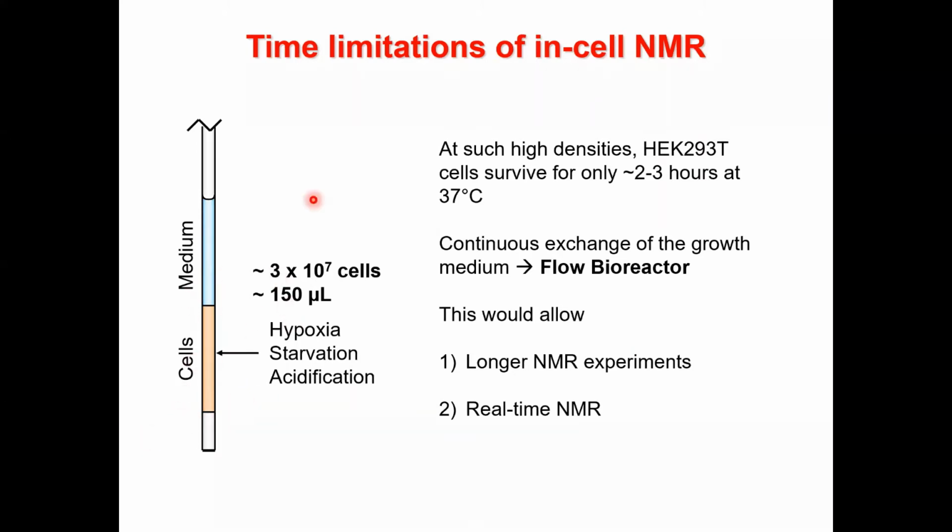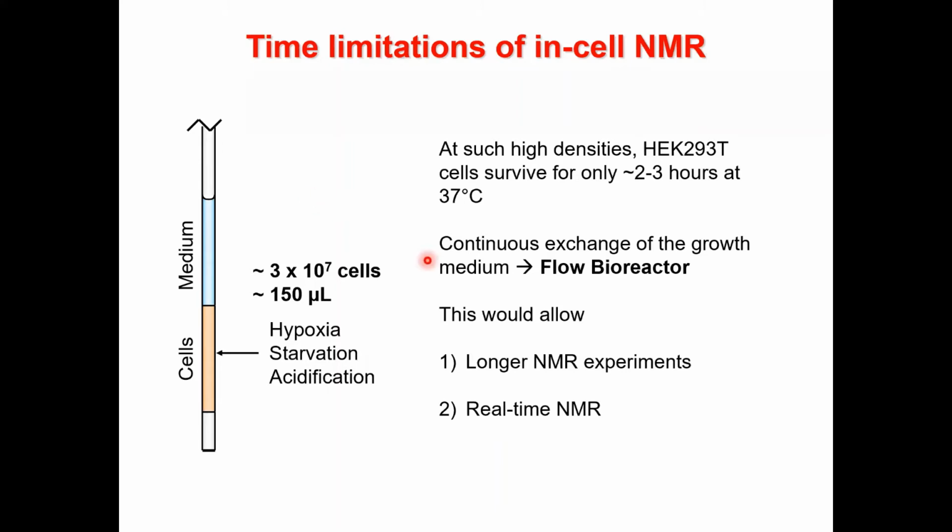We got roughly 30 million cells in 150 microliters, which leads, unfortunately, to very quick cell death, or at least instability of the sample, which then leads to cell death. That's why we keep these experiments very short, ideally below 2 hours each, which limits a lot the throughput of the technique and increases the effort required to produce many samples.